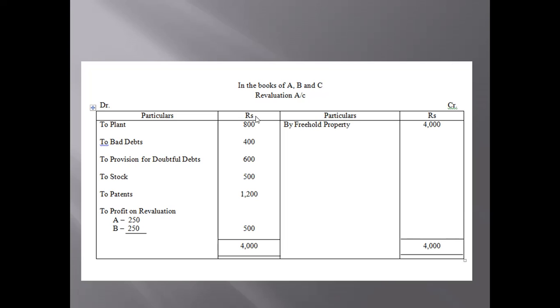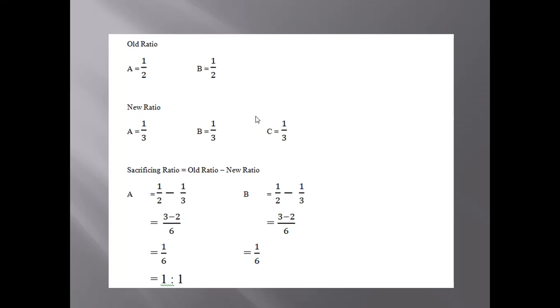Now let us move on to partners capital account. But before that, I want to tell you that if you read in this question, the goodwill of the firm is valued at rupees 9,000. And C is coming for 1/3 share, as you can see here in the new ratio.